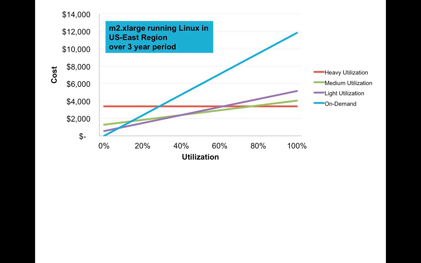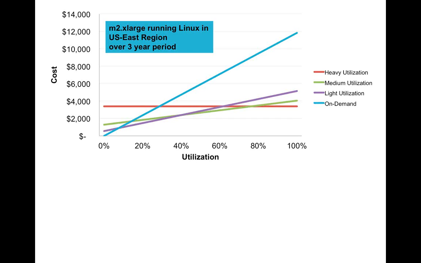So first of all, it's showing an instance type, in this case an M2 extra large, running Linux. Okay. And this is showing a 3-year period. So on the y-axis, you can see the total cost over 3 years for that instance. And on the x-axis, you can see the utilization.